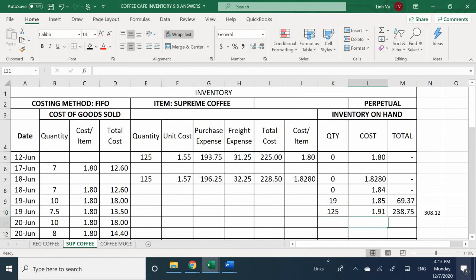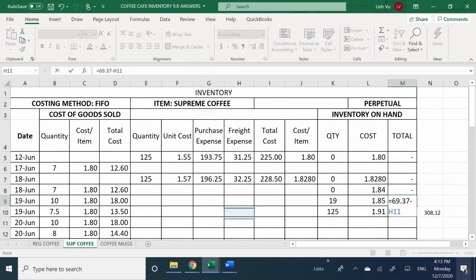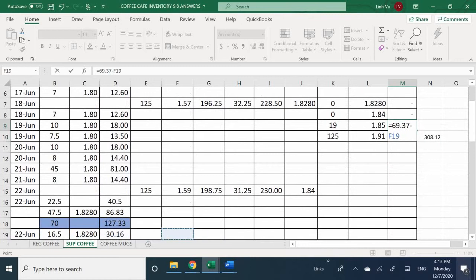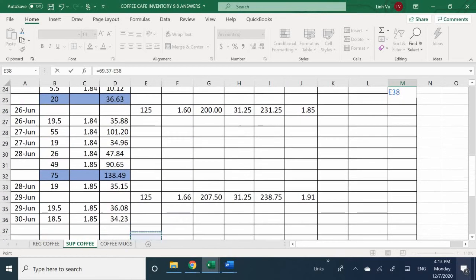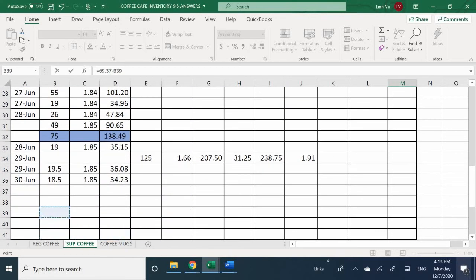That leaves us with a total of 19 pounds, and the cost total is the $69.37.